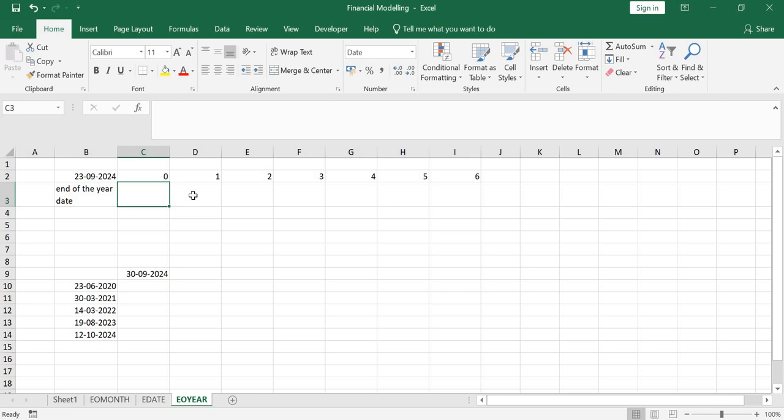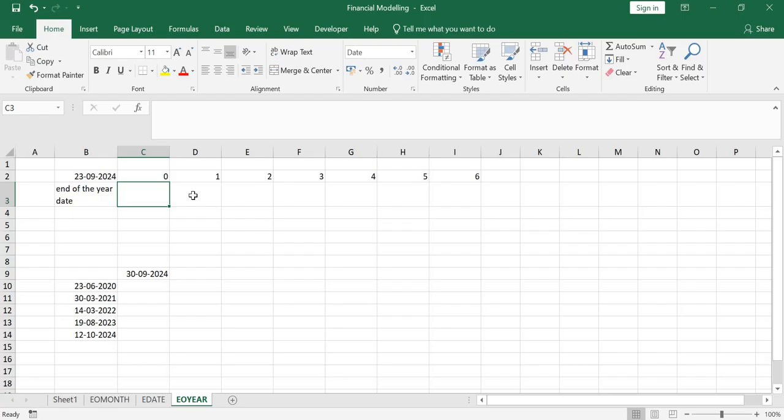Or let's say I want to give the bonus to the employees, and my condition is if any employee has completed 2 years in my company, then only that person is eligible for the bonus. So I'll be calculating the difference between when that employee has joined my organization and when he is eligible for taking the bonus.